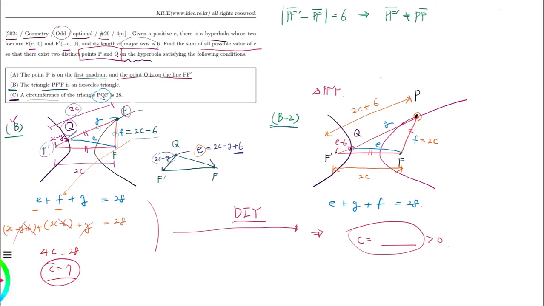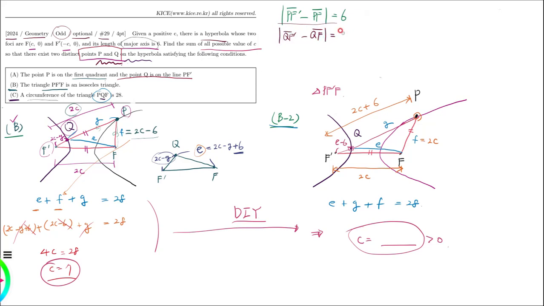Okay, let's wrap up this problem. The main point of this problem is that the 2 points are on the hyperbola, so we have the main property of this. This is the same for the point Q, which is on the hyperbola.